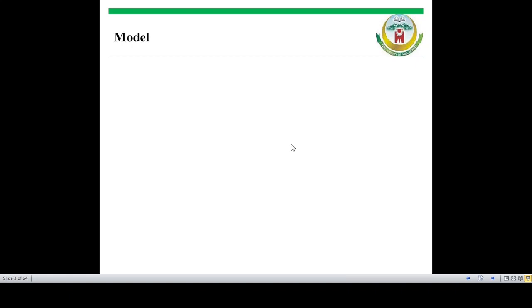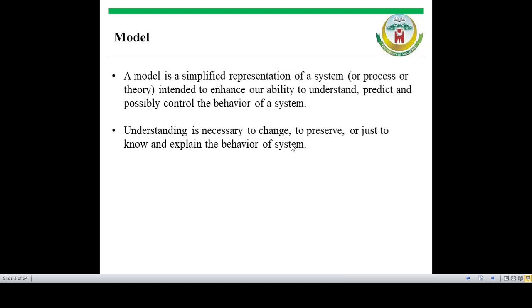Okay, so next we will define model. A model is a simplified representation of a system. In the previous slide, we talked about a system, that a system is actually a combination of interrelated components that, when combined, perform some specific task.